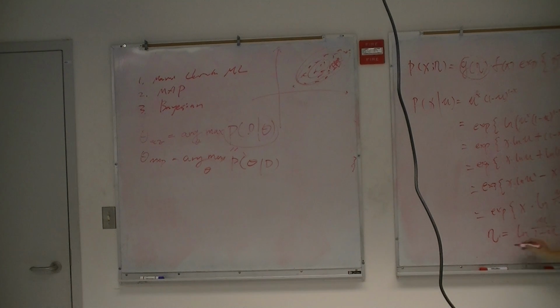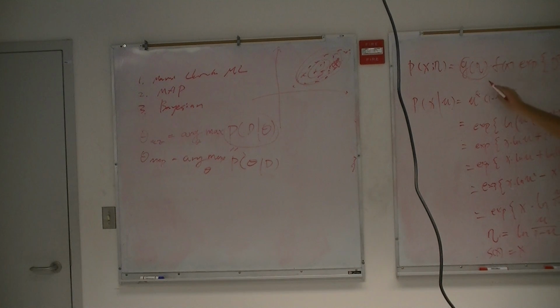This is eta, and s of x is just equal to x. Right now we have this part, but this part, we have a mu and eta.